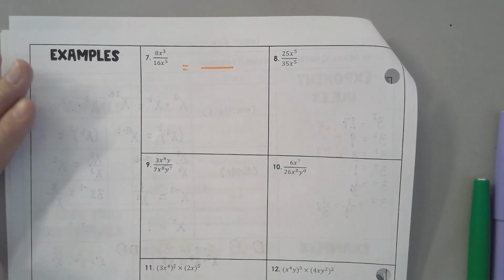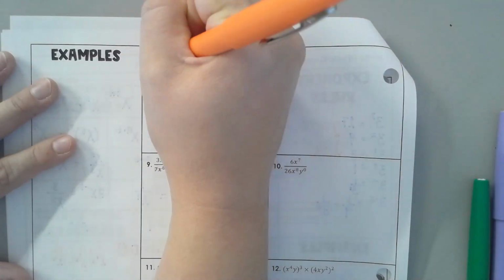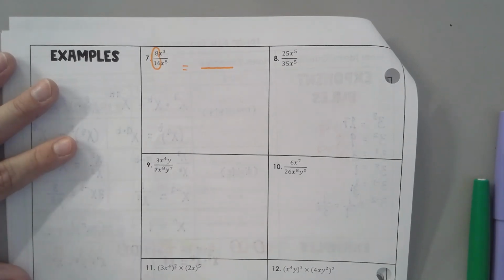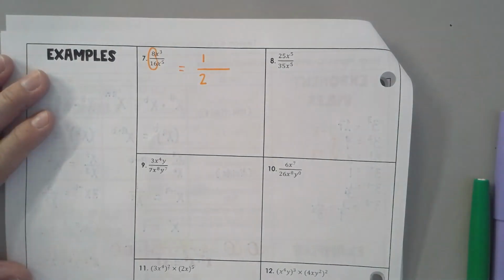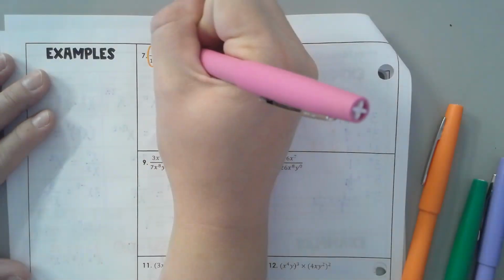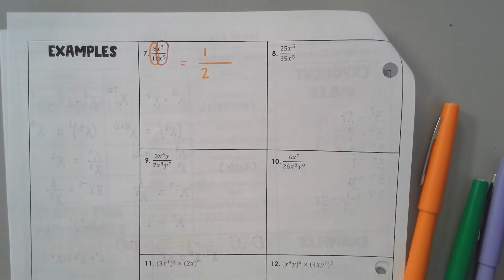All right, so number 7, we have 8 over 16. What is that? 4 over 8, which simplifies further, 2 over 4, which simplifies further, 1 over 2. So 1 over 2. And then the x's, I have 3 on top, 5 on bottom.